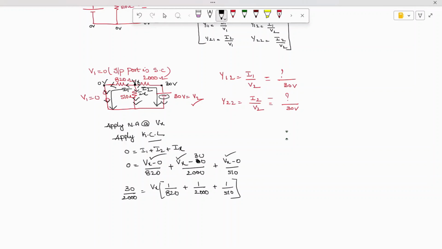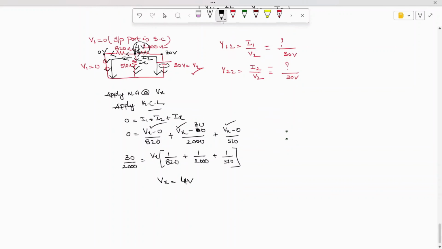Using a calculator you can solve it, and we get the value of Vx equal to 4 volts. The value of Vx at this point we obtained is 4 volts.